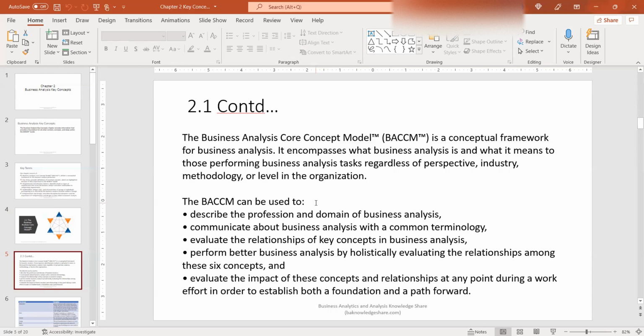The BACM can be used to describe the profession and domain of business analysis, communicate about business analysis with a common terminology, evaluate the relationship of key concepts in business analysis, perform better business analysis by holistically evaluating the relationship amongst these 6 concepts, and evaluate the impact of these concepts and relationships at any point during a work effort in order to establish both a foundation and a path forward.